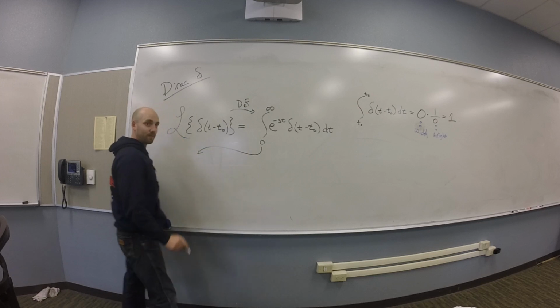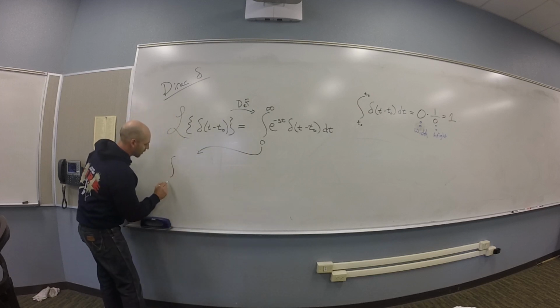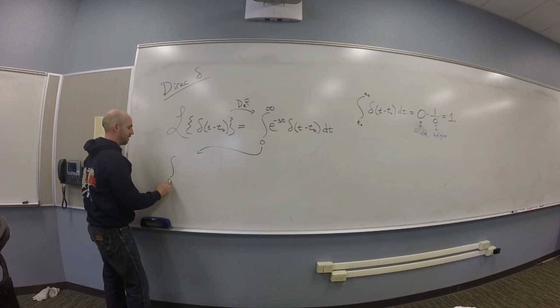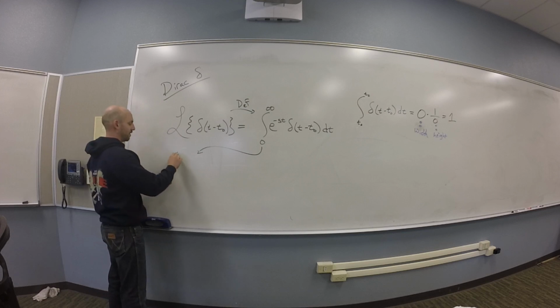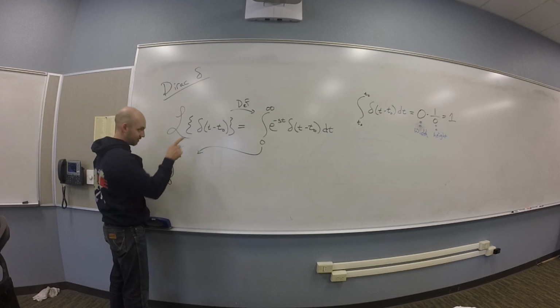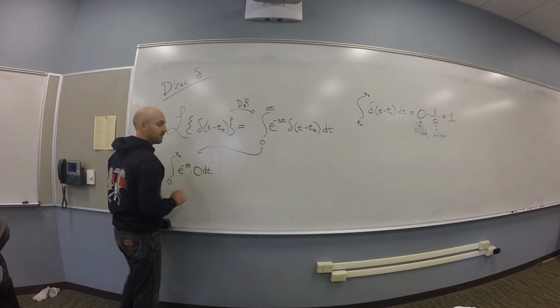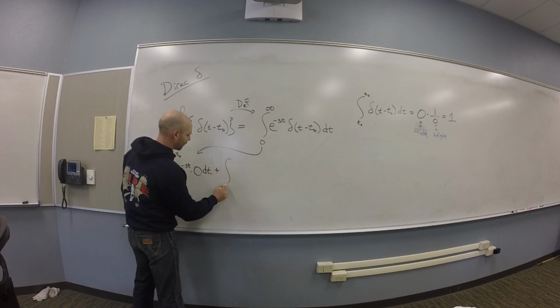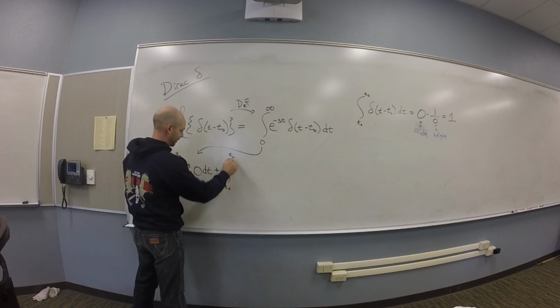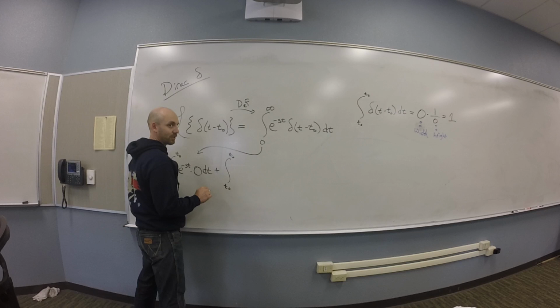So you break this up, and it's the integral from 0 to t naught of e to the minus st times 0 dt, plus the integral from t naught to t naught. I know this feels weird.